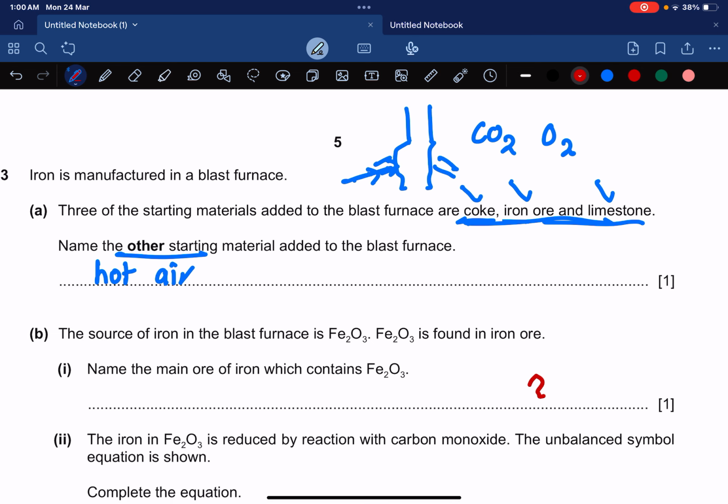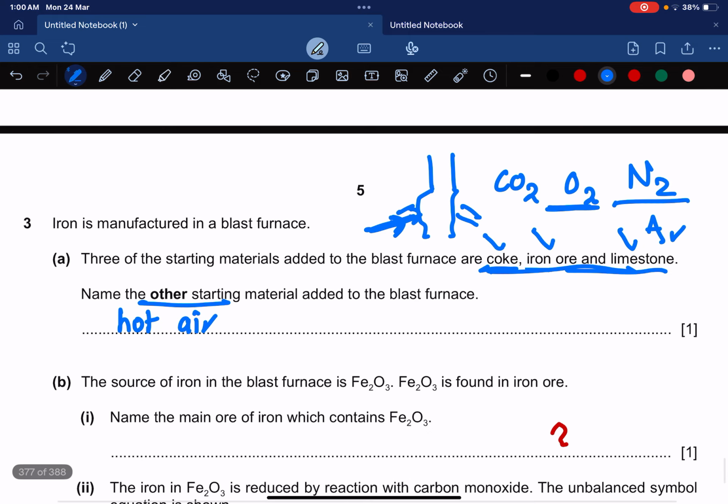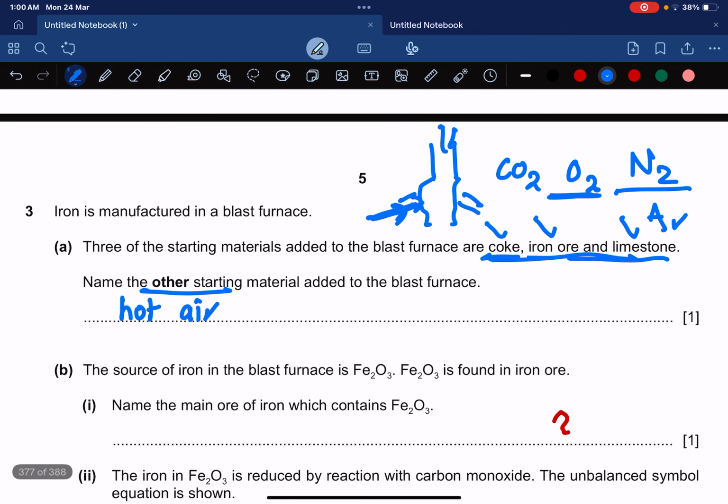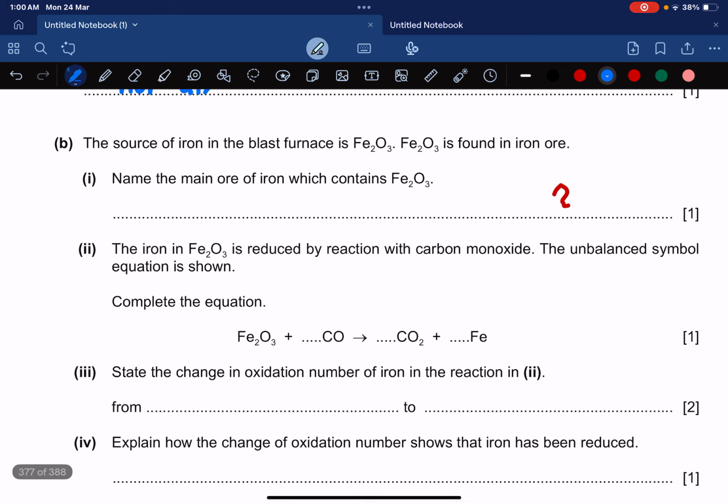Oxygen also has to react in the blast furnace, so you got to pump in hot air as well. You need to maintain temperatures. और जो waste gases होती हैं जैसे nitrogen जो हमें नहीं चाहिए होता, argon होता है, they all come out from the top. So it's going to be hot air because you need oxygen from there as well, ठीक है, for the reaction of carbon with oxygen to form carbon dioxide.